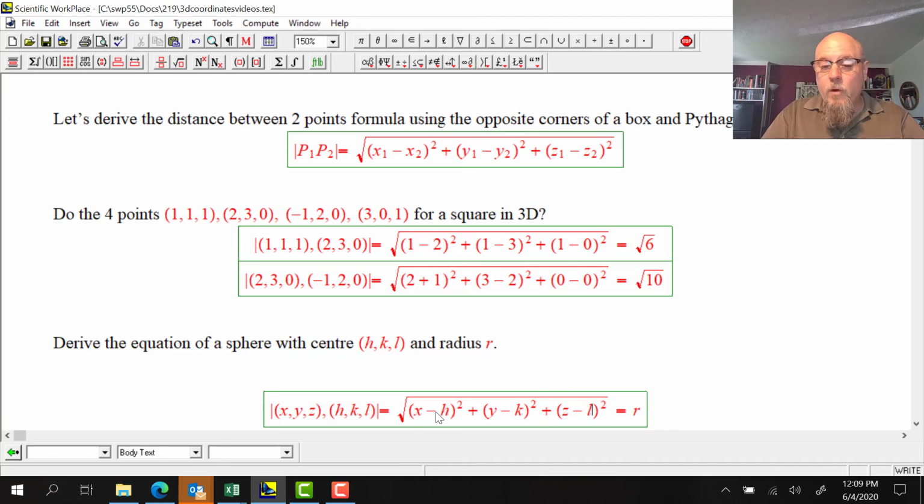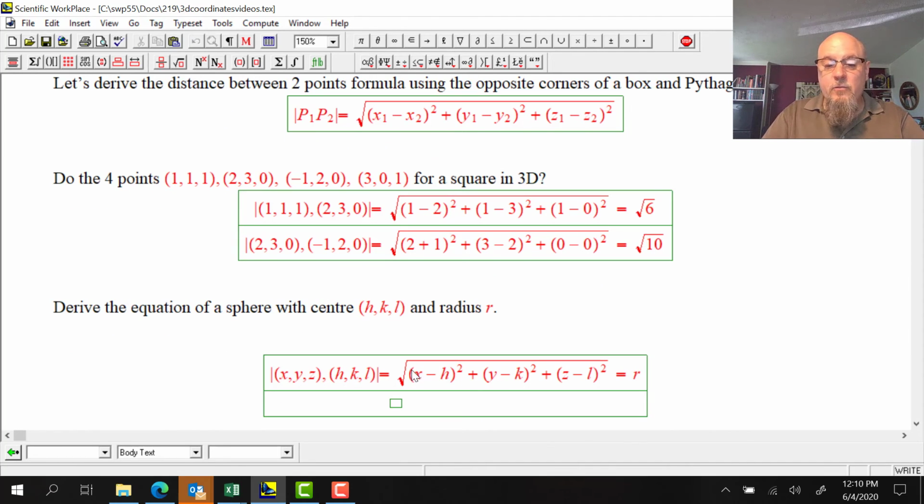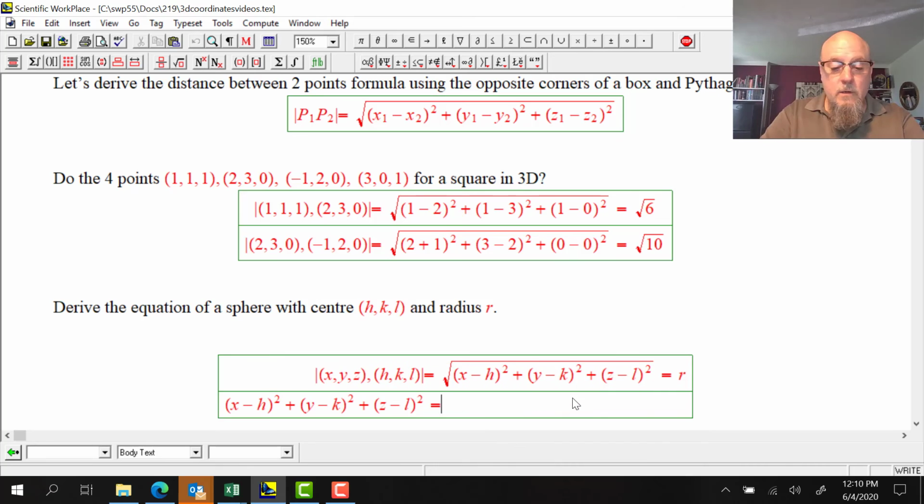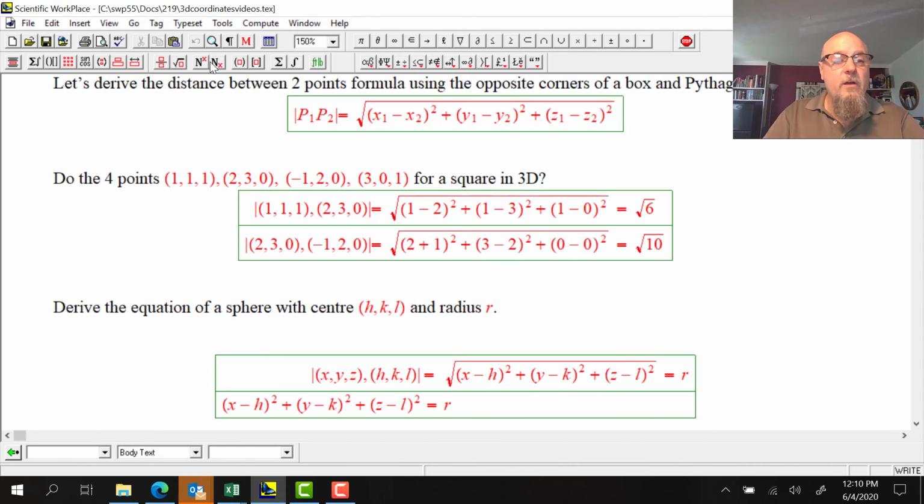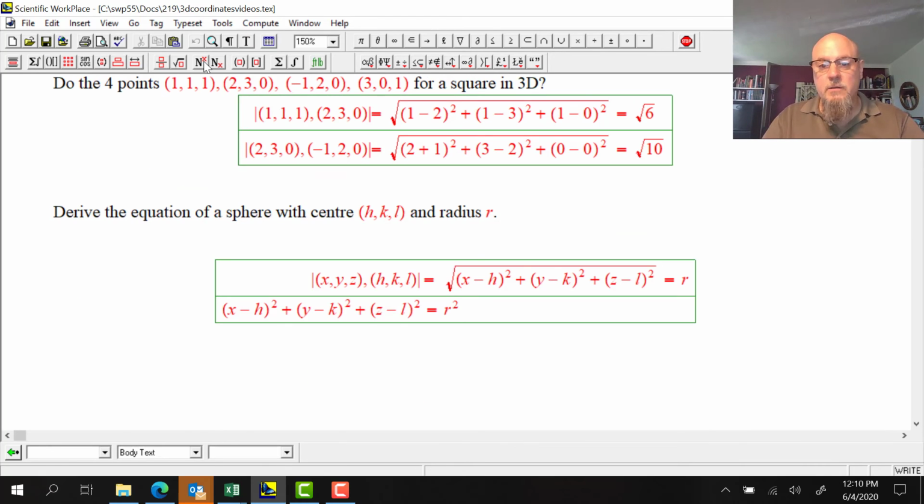So now here's my formula, but I can square both sides to clean it up and make it look like what we're normally used to. It's now equal to r squared. There's our formula for a sphere in 3D with center h, k, l and radius r.